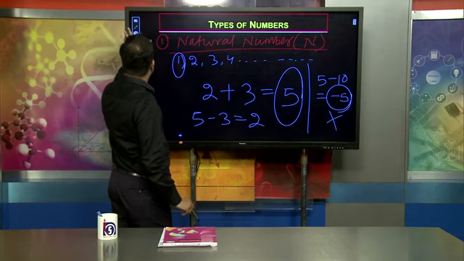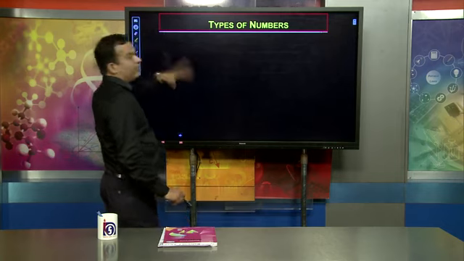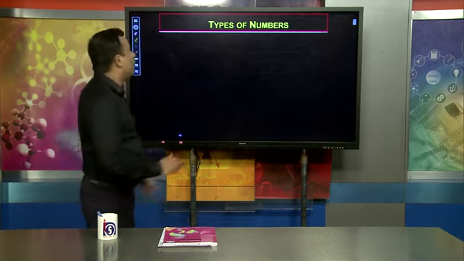The second category of numbers is known as the whole number.